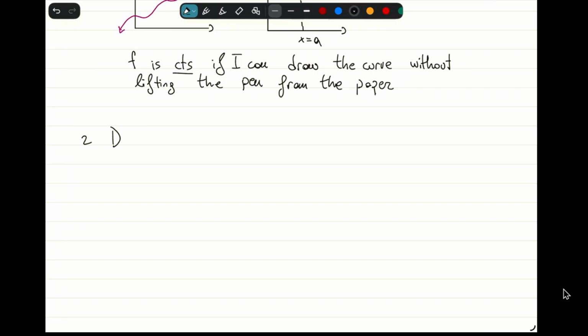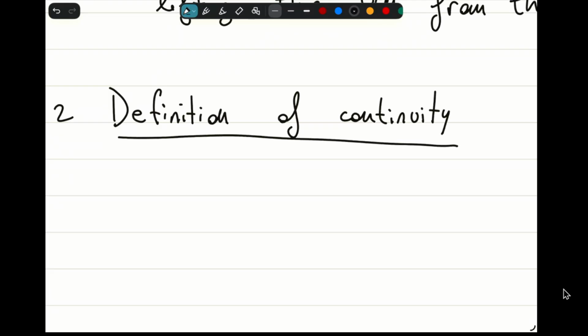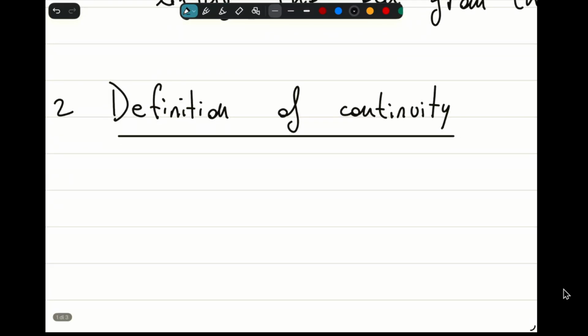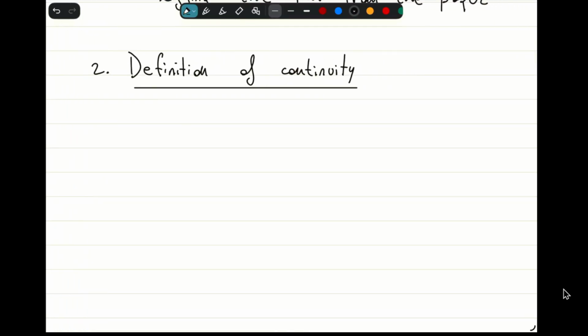So why don't we go and define continuity more specifically, using the tools we described in the last couple of videos. Okay, so what I'll do now is I'll give you a definition, and then we're gonna apply this definition. Let's see. So a function, it could be any function, we'll call it f, again, just the easiest name.